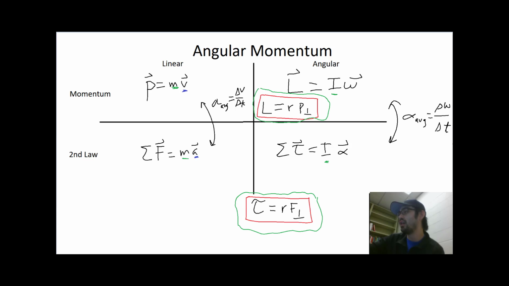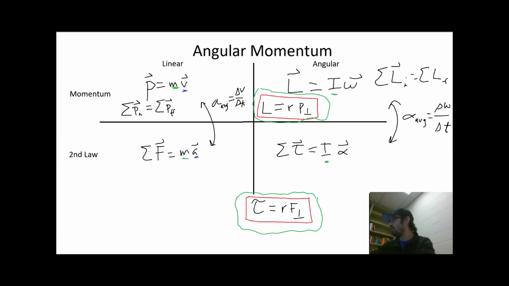And so what that said is if I have two states, an initial state and a final state, the sum of the momentum initial, and this is a vector, is going to be equal to the sum of the momentum in the final state, or after. Well, wouldn't you know it, we have another equation like this on the right side, and that says that the sum of the angular momentum initial is going to be equal to the sum of the angular momentum final.